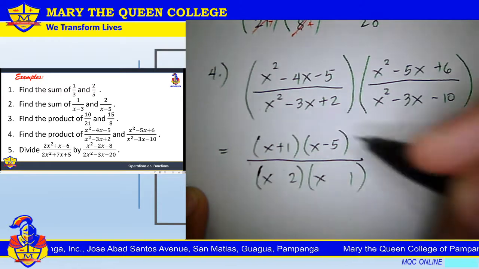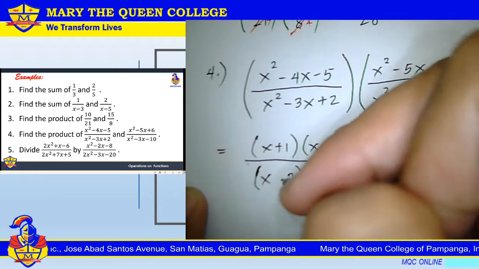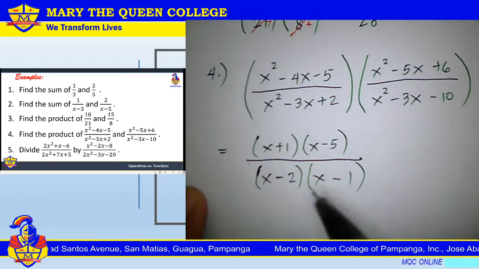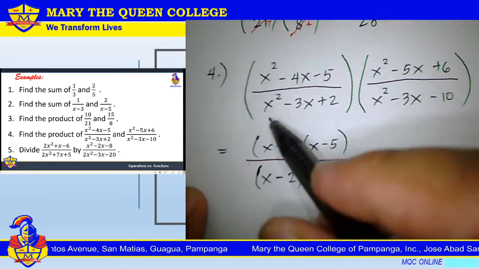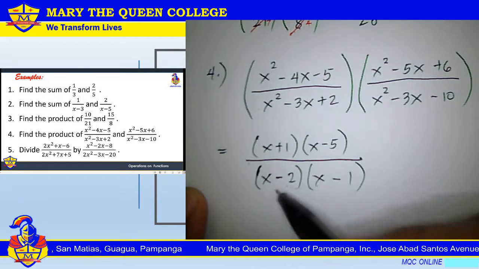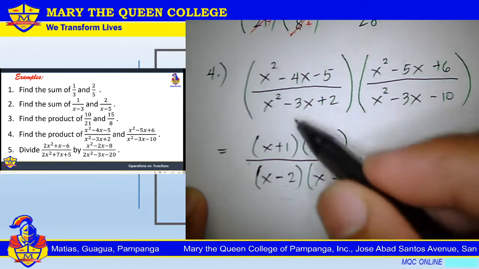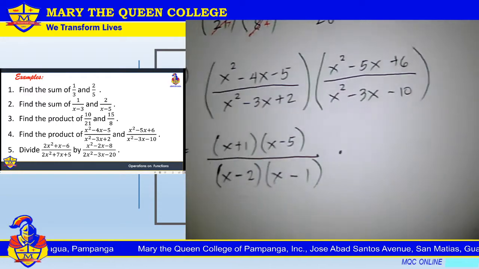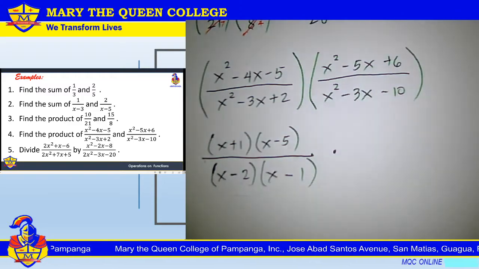And then, para makuha po natin yung negative 3x doon, multiply natin na negative ito at saka yun. So, check po natin. X times x, x squared, negative 2 times negative 1, positive 2, negative 2x, saka negative x, that is negative 3x. Okay?